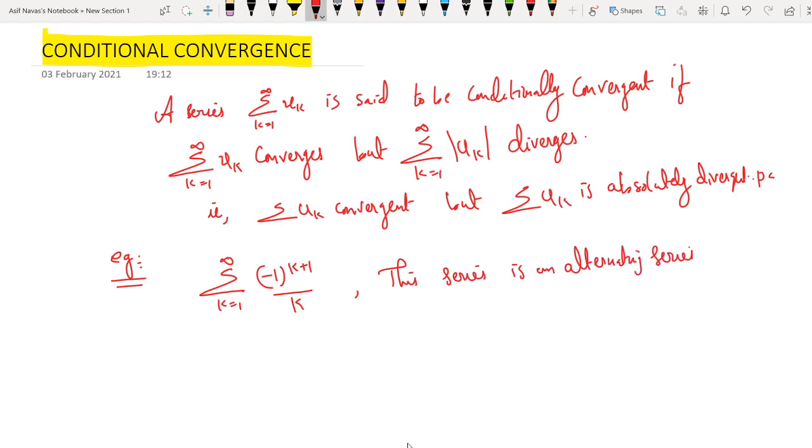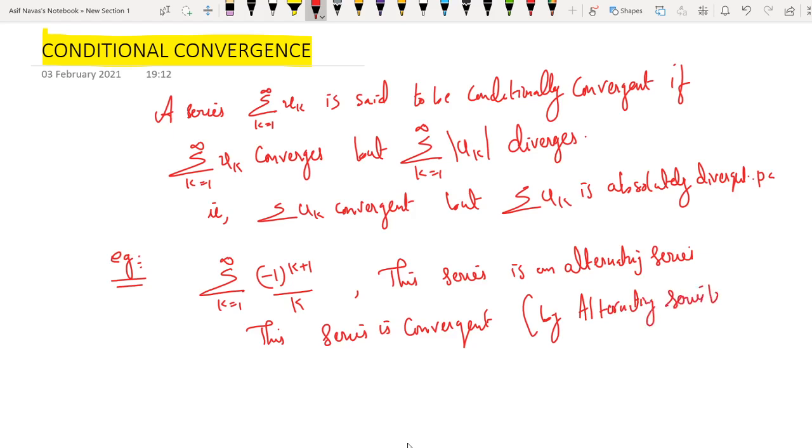And in the last video we showed that this series is convergent by the alternating series test. So this series is convergent.